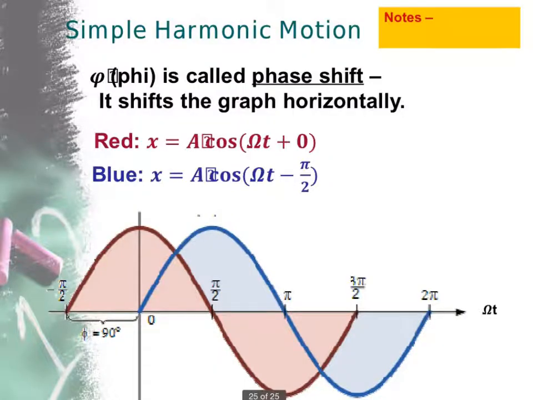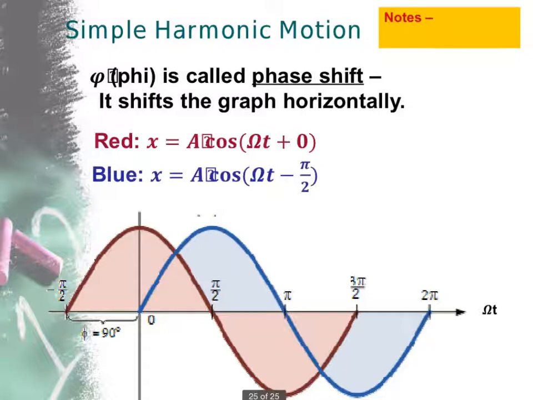Okay, now we have one last variable in our equation, and it's given a Greek letter, phi, P-H-I, and that phi is what's called the phase shift.